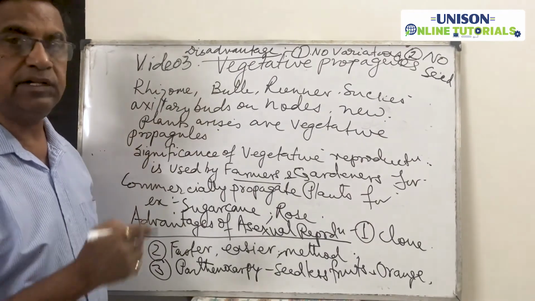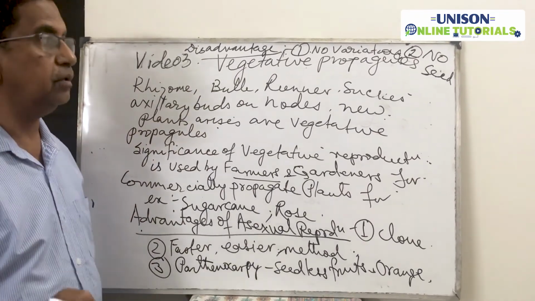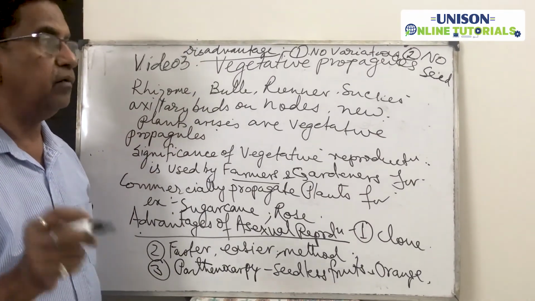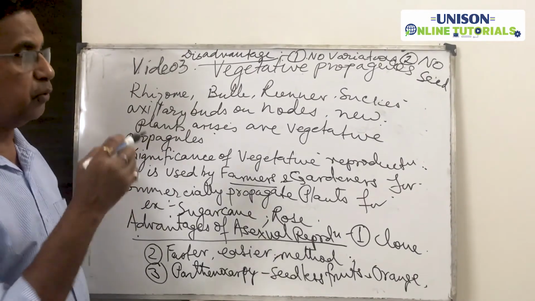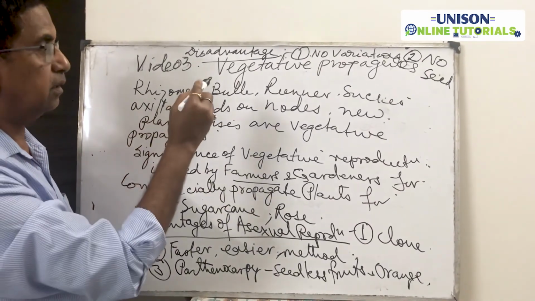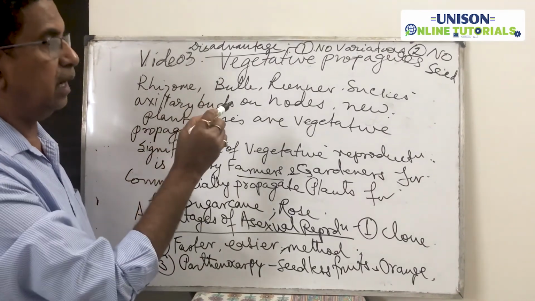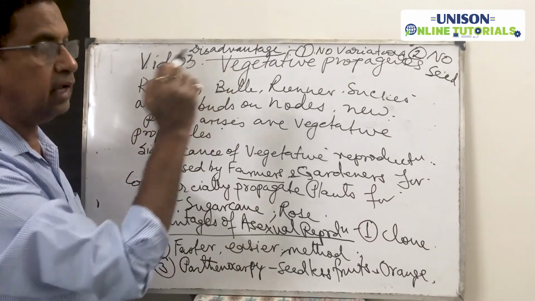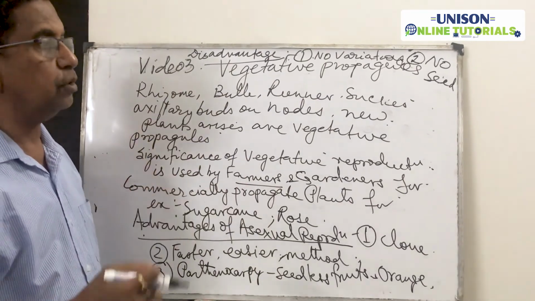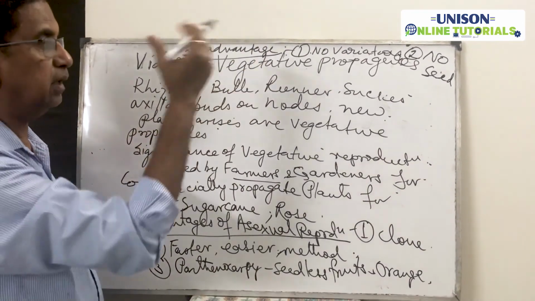But seed is produced by sexual reproduction, not by asexual reproduction. And the third one is that vegetative propagules, which are the method of vegetative reproduction, decay in a short time. They cannot be stored like the seed.